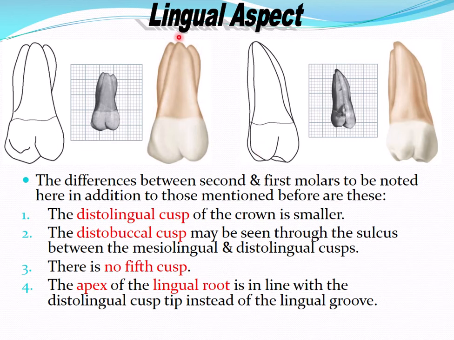While here, if I bring a vertical line from the apex of the lingual root, هننزل وراح نلقي with the lingual groove. هذا فرق جدا مهم. The apex of the lingual root in the maxillary second molar is with the tip of the distolingual cusp, while here in the maxillary first molar, the apex of the lingual root is with the line of the lingual groove.